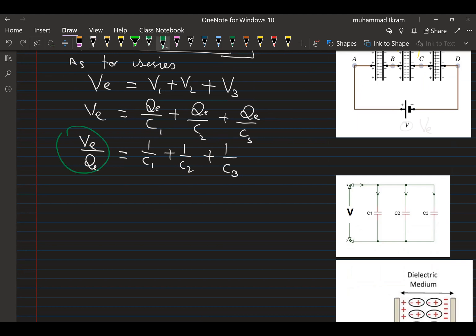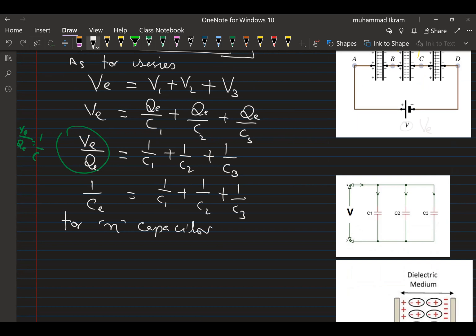So definitely it will be the reciprocal. V equivalent by Q equivalent will be equal to 1 over C equivalent, which is 1 over C1 plus 1 over C2 plus 1 over C3 for n capacitors.